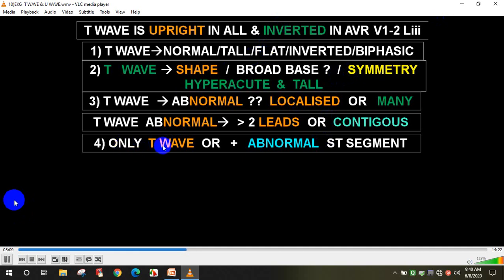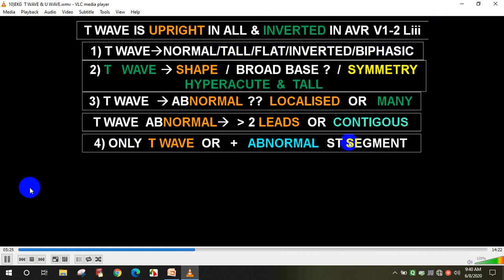While only T wave changes can be tall, flat, inverted, or biphasic also. So an abnormal ST segment can be associated with an inverted, upright or biphasic T wave.